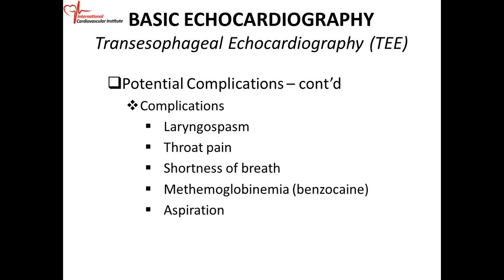But in methemoglobinemia, where the iron is converted from Fe2+ to Fe3+, that hemoglobin does not give up oxygen. So even though the patient is breathing okay, they're hypoxic because the tissues are not getting oxygen. That's what we call methemoglobinemia. If you use the benzocaine spray, that can result in methemoglobinemia.